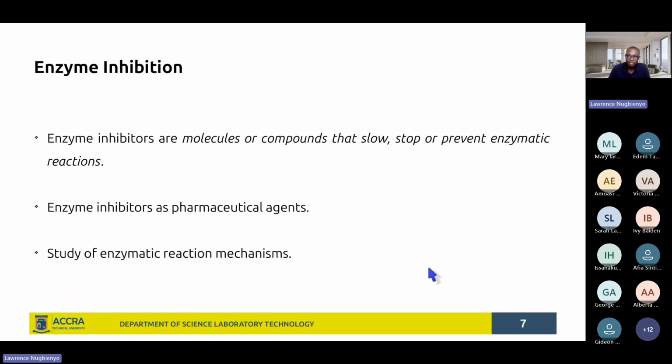Or maybe if you take a pesticide and you look on the container and look at the active ingredients, you begin to understand how this pesticide is acting as an inhibitor to a certain enzyme, which will give a certain effect in an insect, for instance, for you to be able to control them.